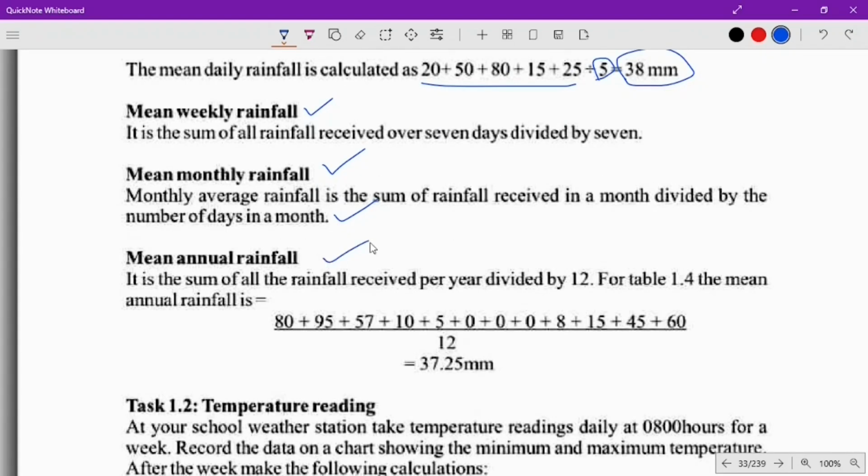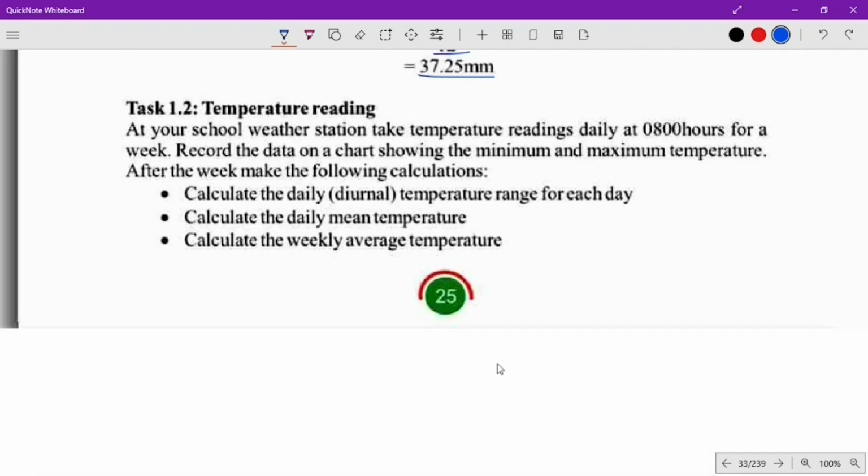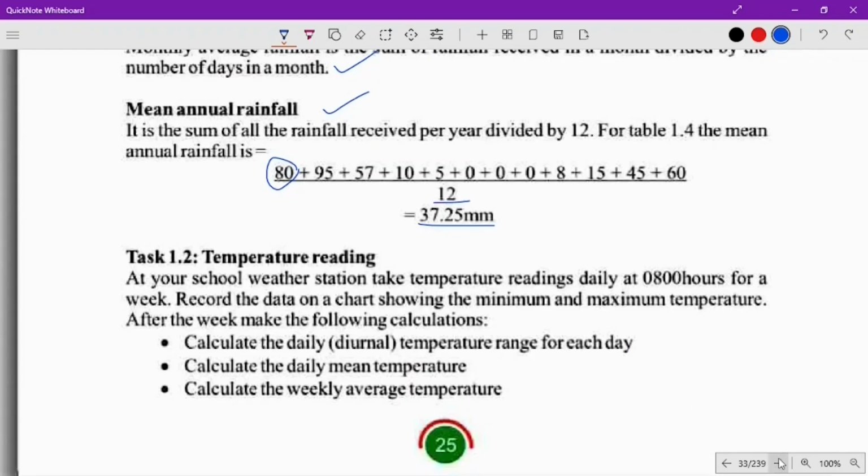To get the mean annual rainfall, this is for the whole year now, we take all the mean monthly, add them together, divide by 12, then we get our mean annual rainfall. So that is the weather statistics.